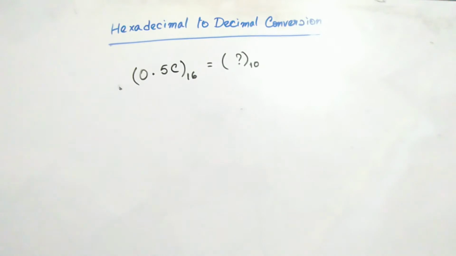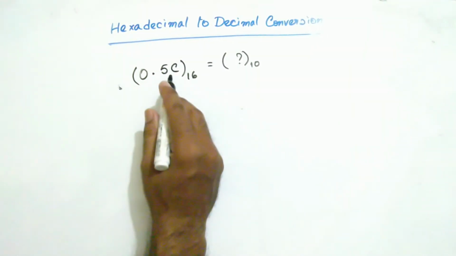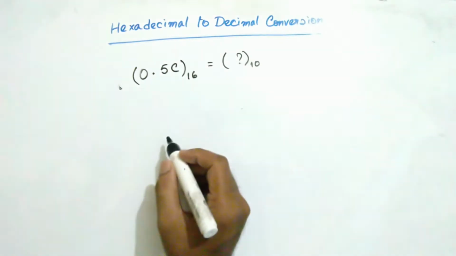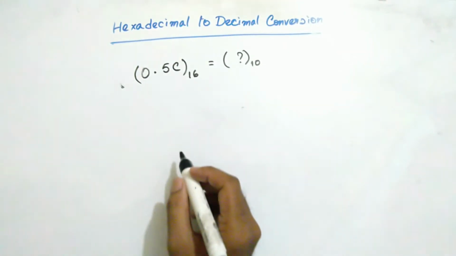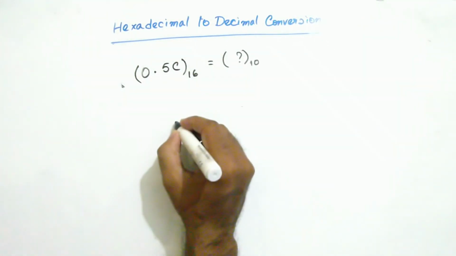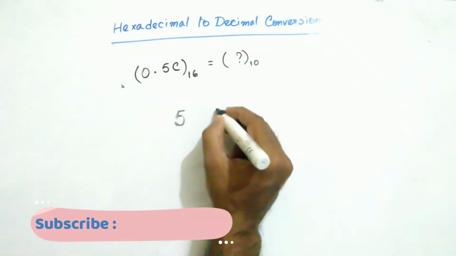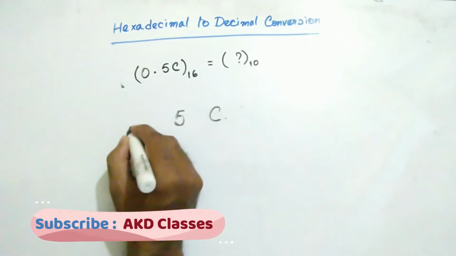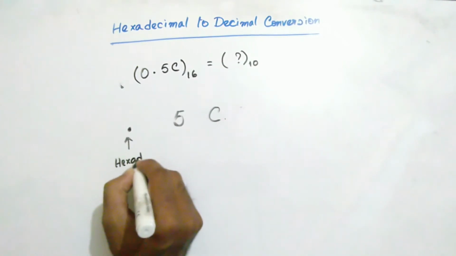A hexadecimal number may also come with fractions. So in this case, let 0.5C be the given hexadecimal number; we can convert this into decimal format. For this, we are just writing the digits of the hexadecimal number, 5 and C, after the hexadecimal point. So this one is the hexadecimal point.